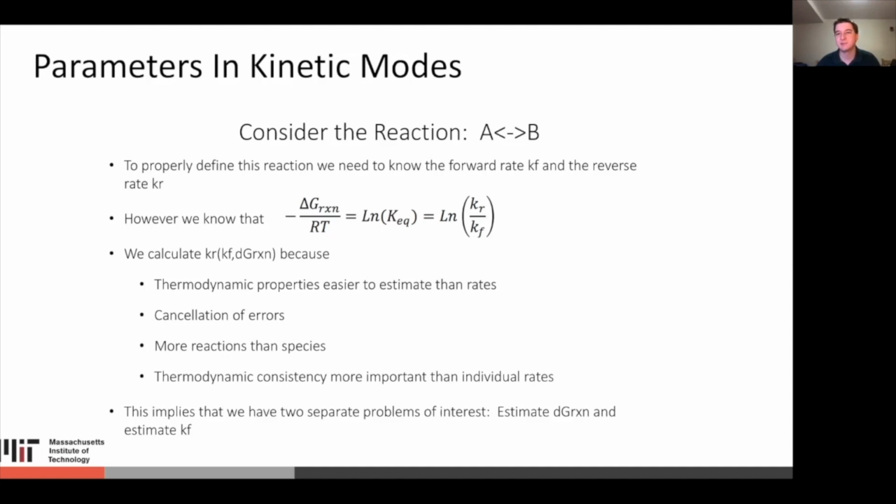There also tend to be more reactions than species, which means you're estimating fewer properties. And additionally, oftentimes thermodynamic consistency in a kinetic model is far more important than in individual rates. And this implies that we have two separate main problems of interest, which are estimate the Gibbs energy of reaction and estimate the forward rate coefficient.